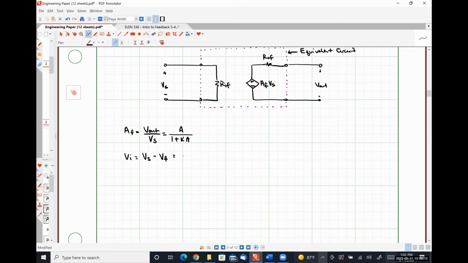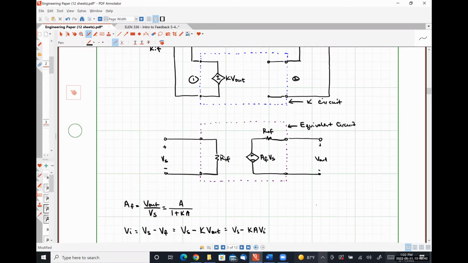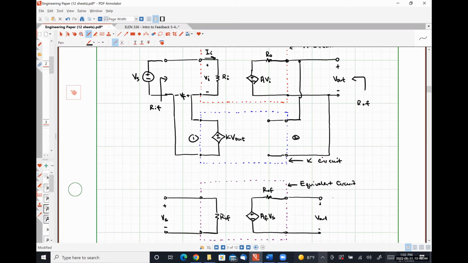So this is going to look like Vs minus K Vout, where Vout can be expressed as our open loop gain A times our voltage Vi, giving us finally Vs minus KA Vi. Let's scroll up to make sure we're all on the same page.